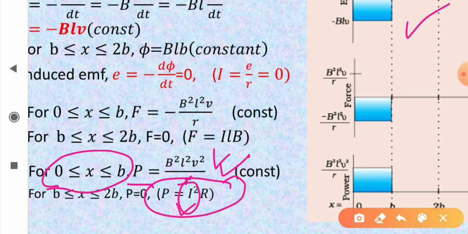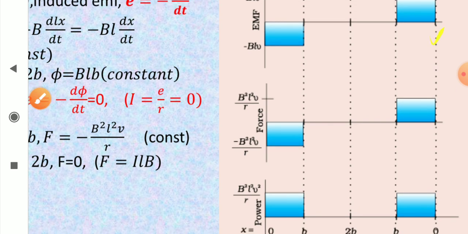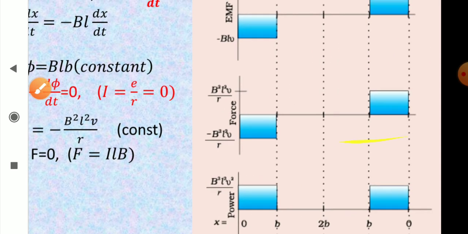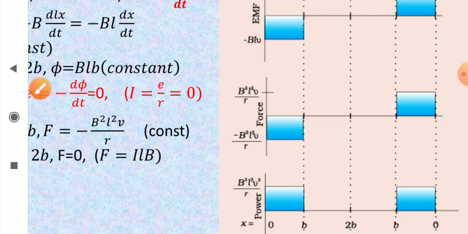So, even when the induced EMF is negative, force is negative, power is positive. And when induced EMF and force are positive, power is also positive and constant.